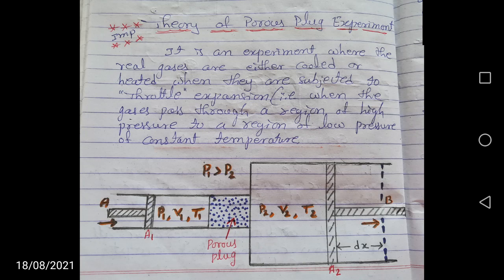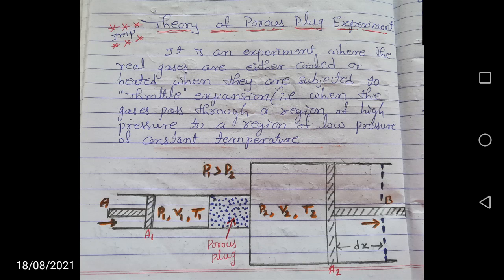The pistons A and B represent the expansion effect or the compression effect of the gas. So here, as shown in the diagram, the gas expands from pressure P1 to P2 by throttling action through the porous plug.